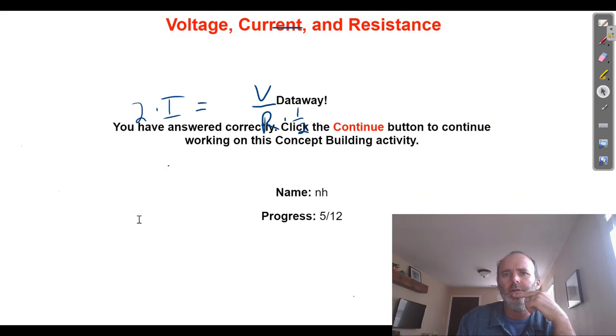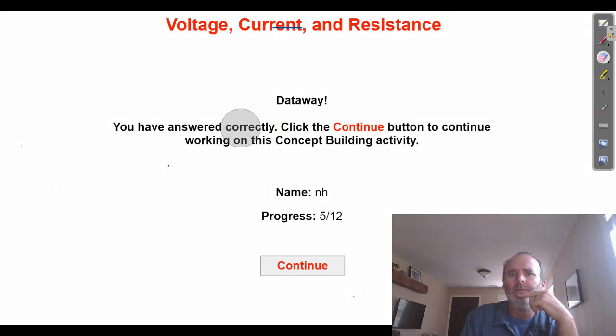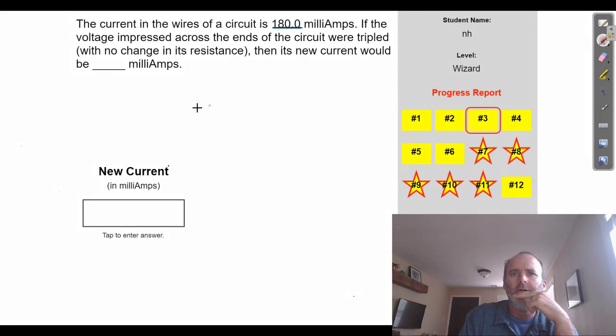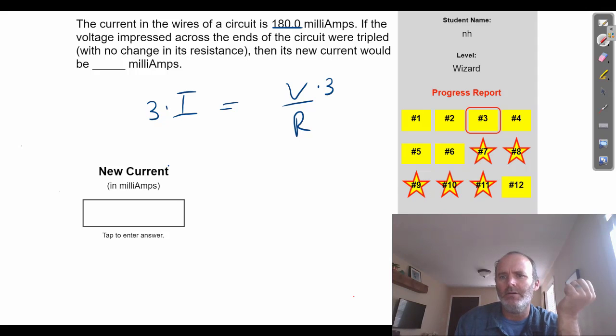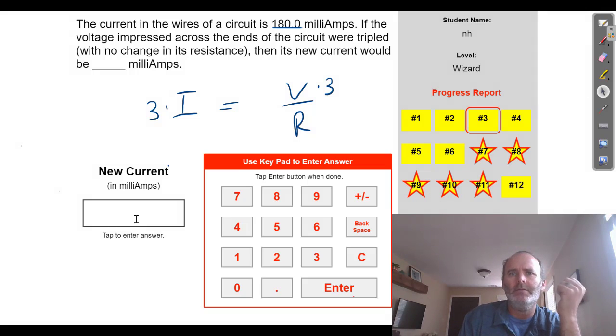Maybe I'll do one more to see if I get a hard one. If the voltage across the ends were tripled, with no change in the resistance, the new current would be 180 times 3, which is 540. I keep on not getting hard ones.